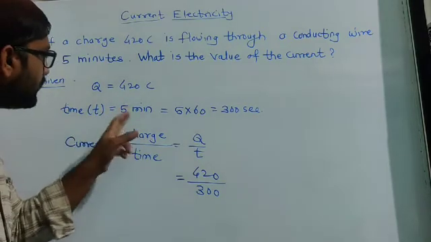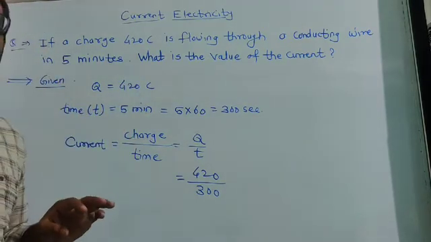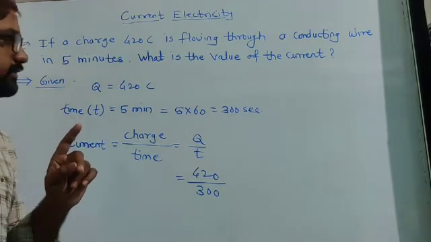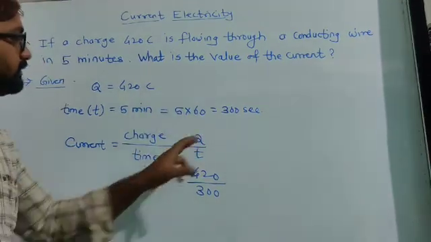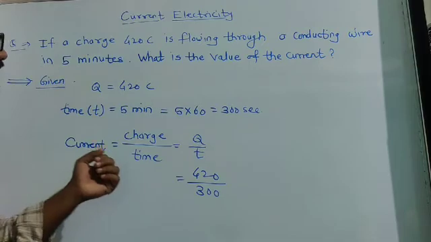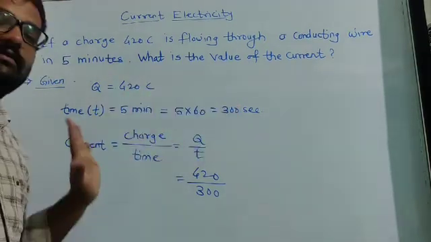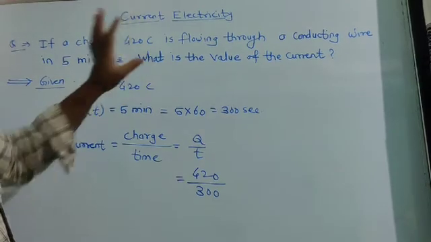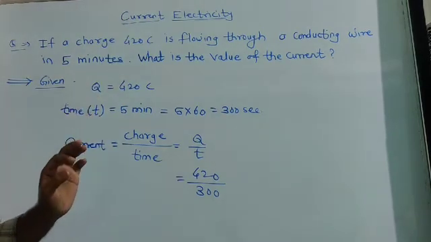So here 5 minutes has to be converted into seconds. We know in 1 minute there are 60 seconds, so 5 into 60 is 300. So our total time is 300 seconds.